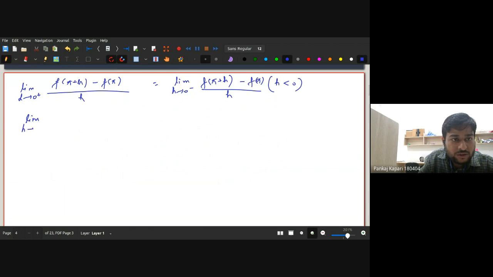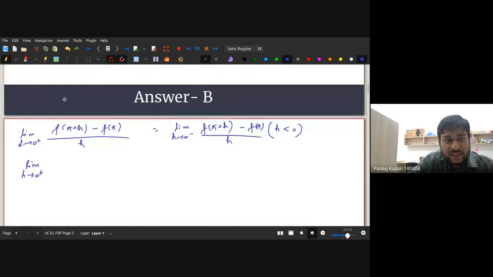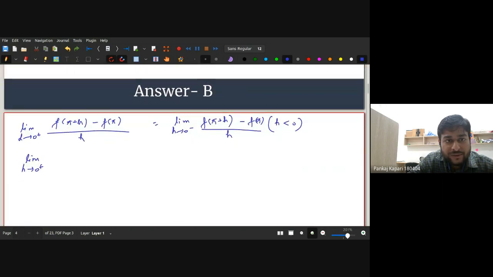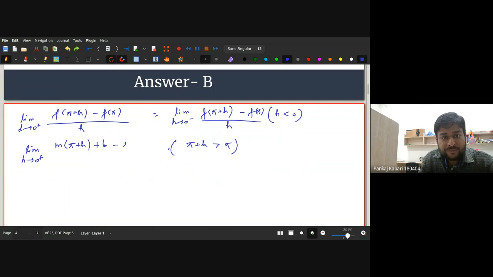Limit h going to 0 plus. What is f(pi plus h)? Because pi plus h is greater than or equal to pi, notice that pi plus h is strictly greater than pi. So here the definition is mx plus b. The function is given by m(pi plus h) plus b minus (m pi plus b), right?